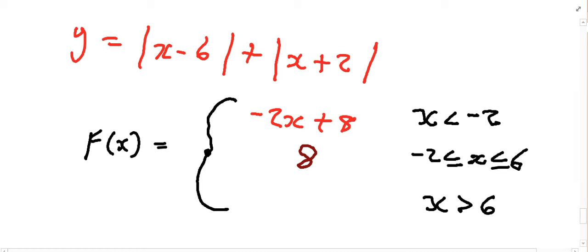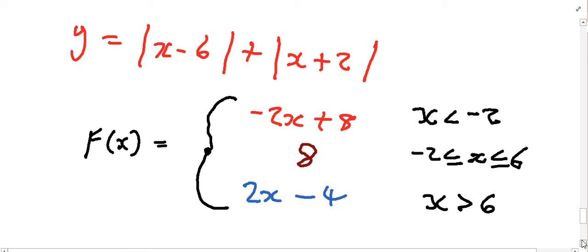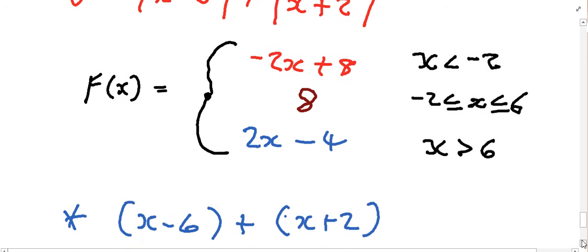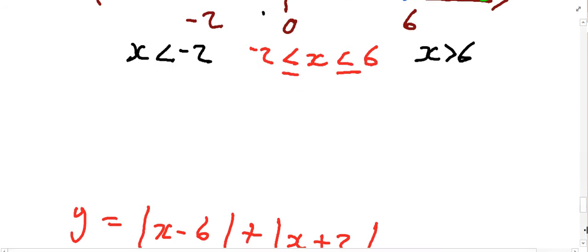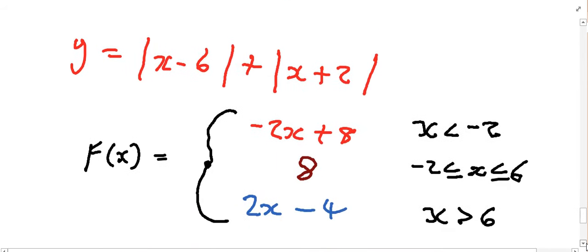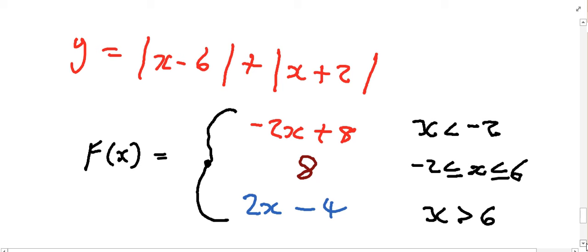So this point will have 2x minus 4. So you have now done the piecewise expression. So for you to sketch this graph, it is not just going direct or assuming.